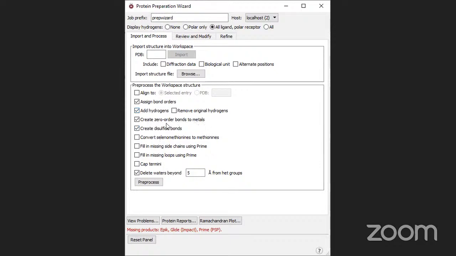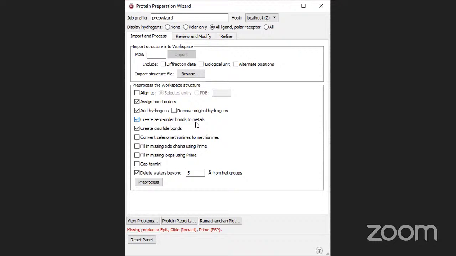Then create zero order bonds to metals. Suppose I take any co-crystallized ligand containing protein, and it is already interacting with the co-crystal ligand. For example, we have seen a report where a zinc atom is very essential for the activity.